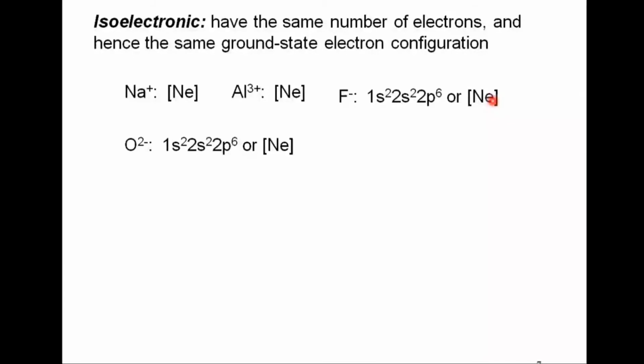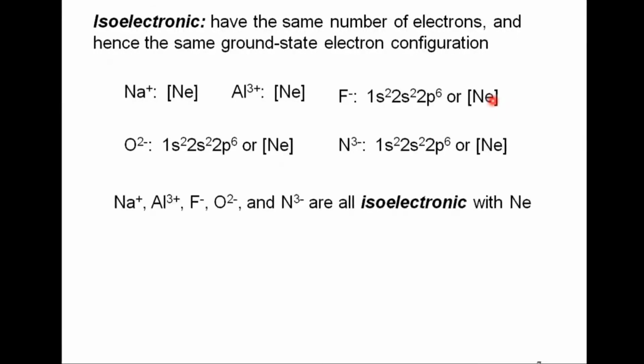Similarly, O2 negative also has the electronic configuration of neon. Some other species, N3 negative, has it too. So Na positive, aluminium 3 positive, F negative, O2 negative, N3 negative, they all are isoelectronic with neon because their electronic configuration is the same.